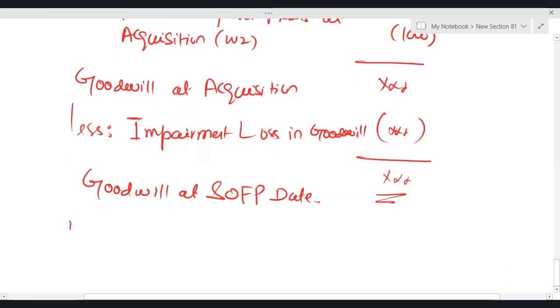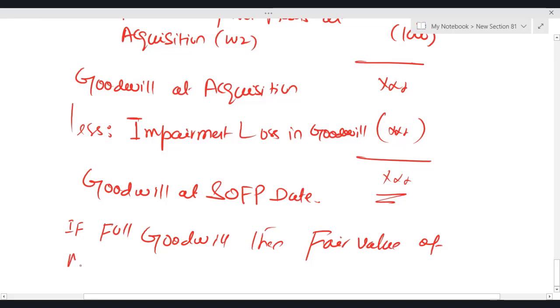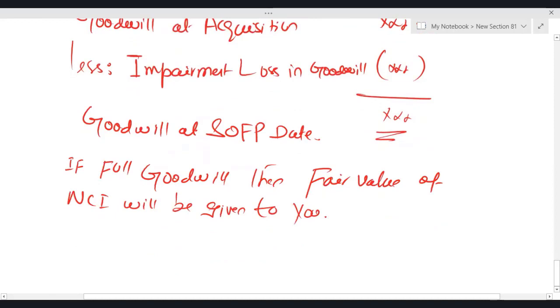Look at this. If it is full goodwill, then fair value of NCI will be given to you. If not, then the examiner will definitely give you enough information to calculate fair value NCI.